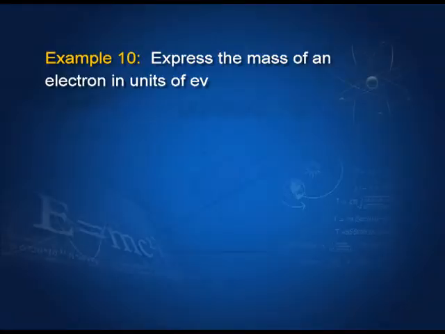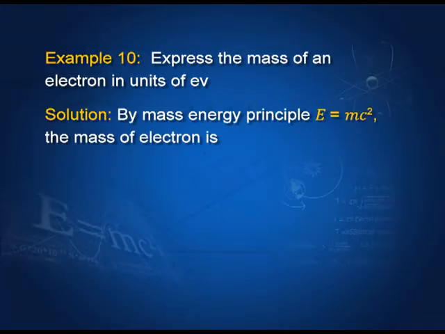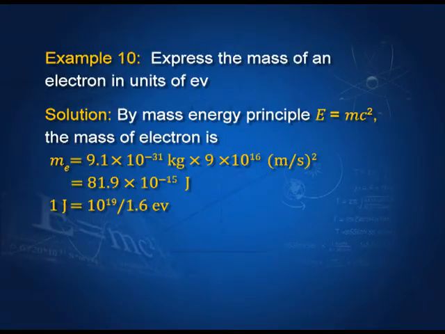Now express the mass of an electron in units of eV. From the mass-energy principle, the energy is mc squared, and the mass is therefore E by c squared. So we can write mass equal to 9.1 times 10 to the power minus 31 kilogram into c squared, which is 9 times 10 to the power 16, and this is in joules.